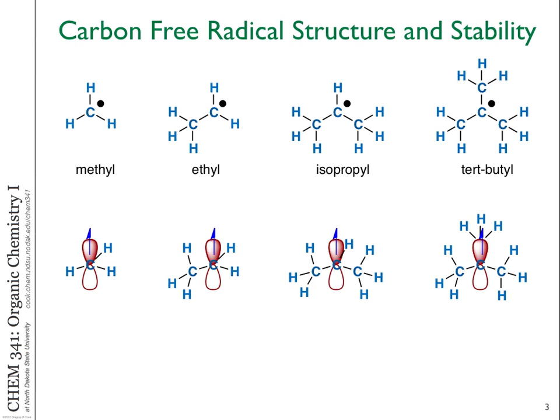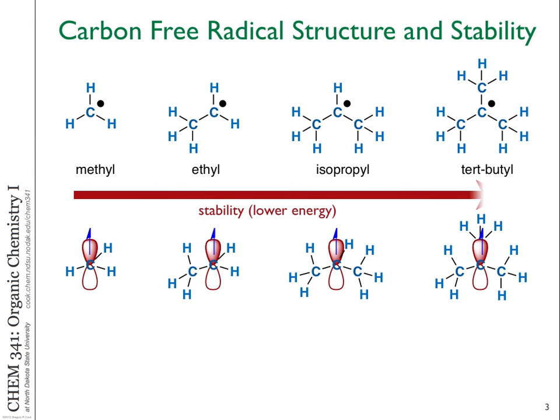So for example, these carbon radicals have only 7 electrons around them in the valence shell. And their stability mirrors that of the stability of carbocations that we've talked about. So the more substituted the carbon, the more stable it is, the lower in energy those radicals are.